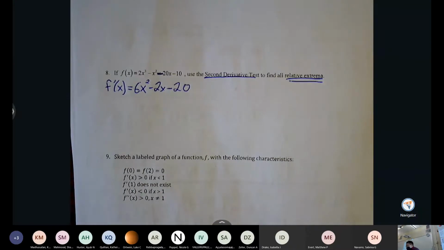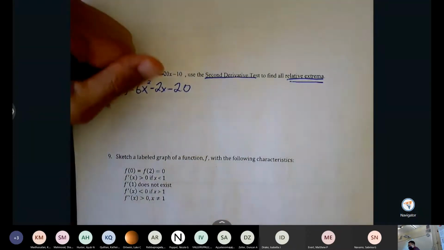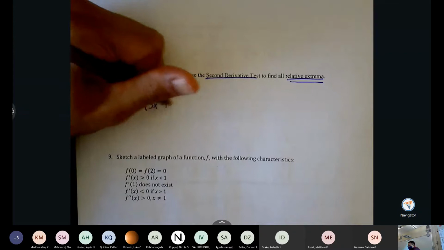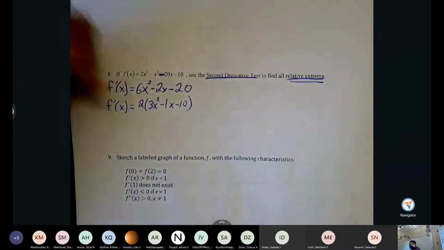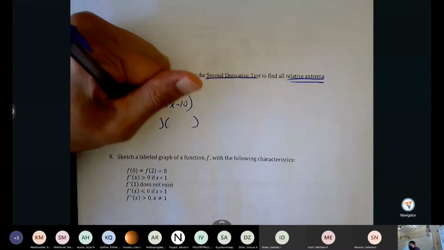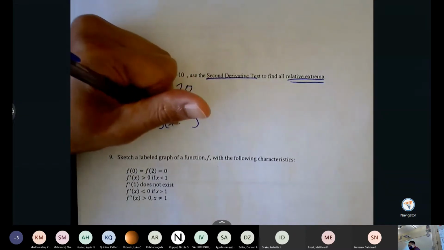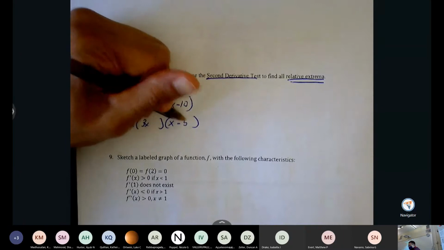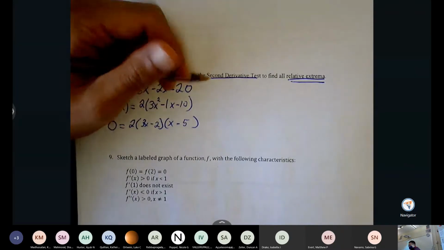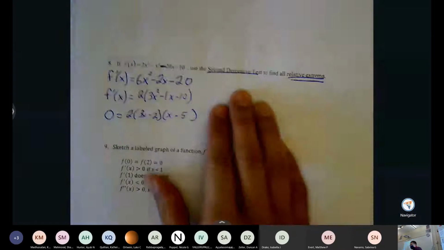Okay, we factor 2 out. Continue factoring. We can also solve for x. Oh wait, I messed up there.